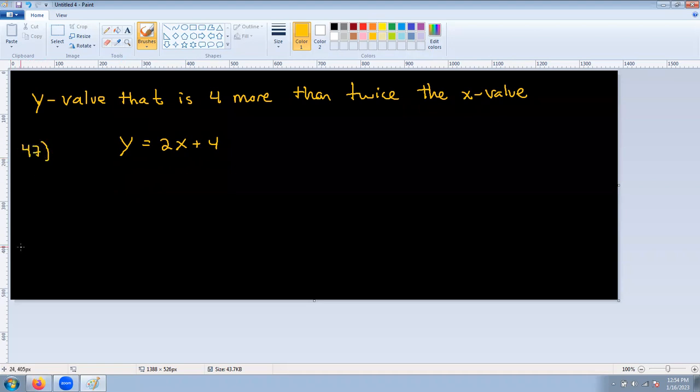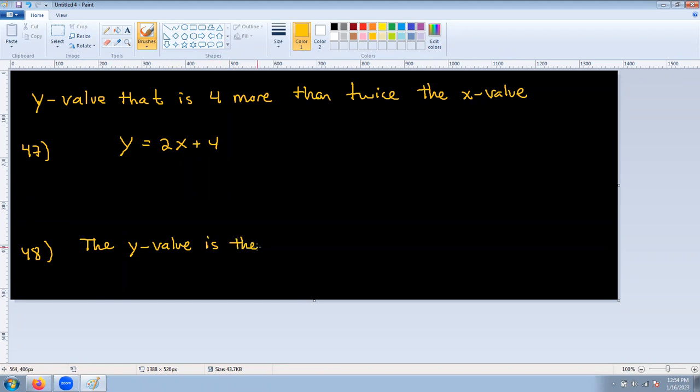And then for 48, we can do something like this. The y value is the difference between 4 and twice the x value.